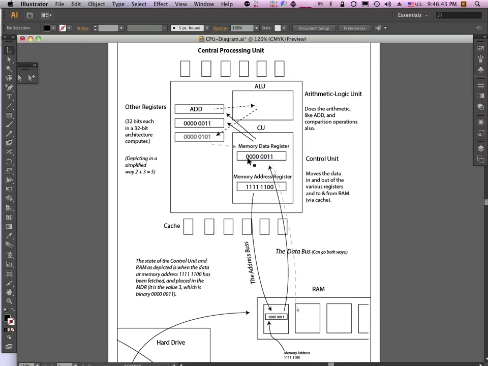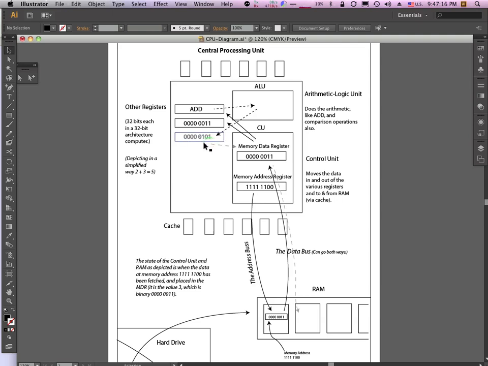I mean, there's no use loading something if you don't do anything. So what I've depicted here is once you've loaded some things, they would go to other registers like the instruction register and so on. So we will assume that in a previous cycle that add had come in, that 2 had already been there, and now that we've got 3, the ALU will add 3 to the 2 already there and give a result of 5.